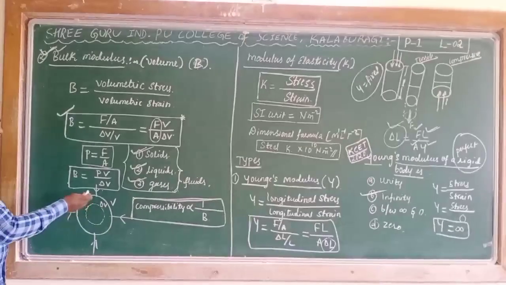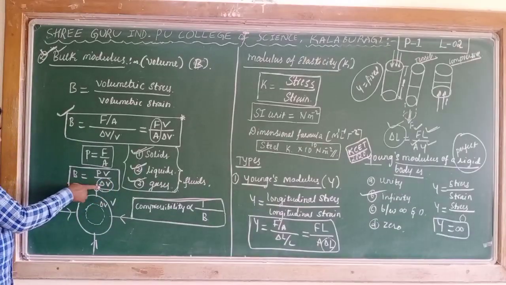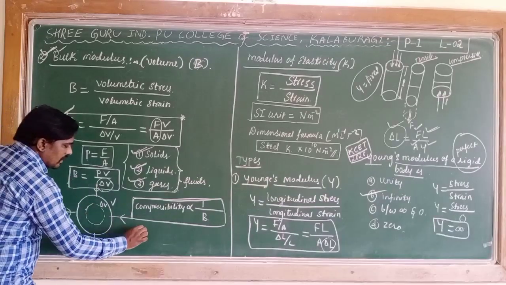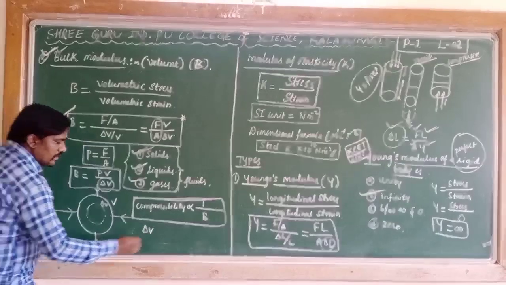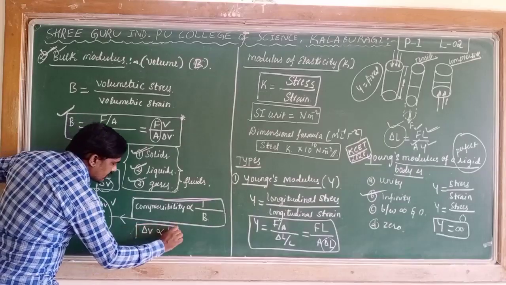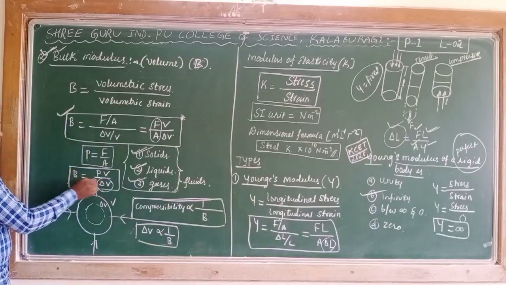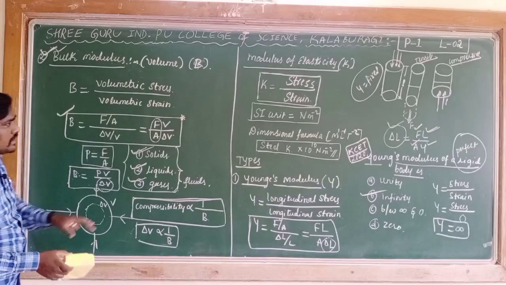See here, compressibility, meaning change in volume, is inversely proportional to bulk modulus. This we discussed in the bulk modulus.